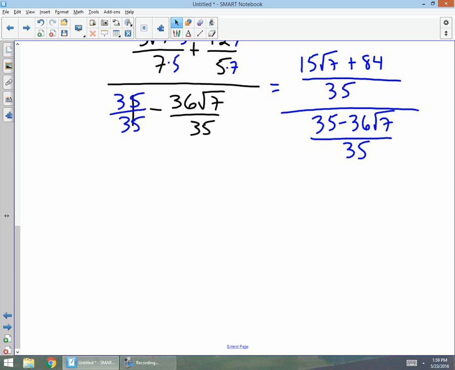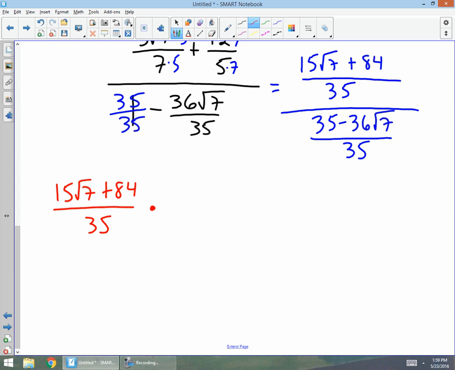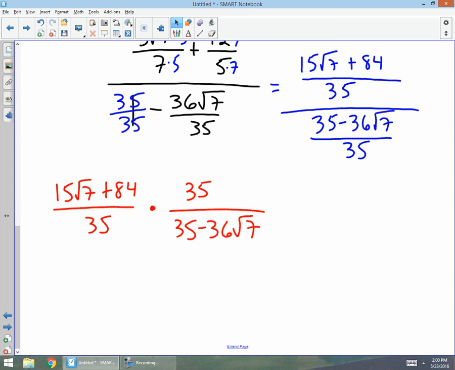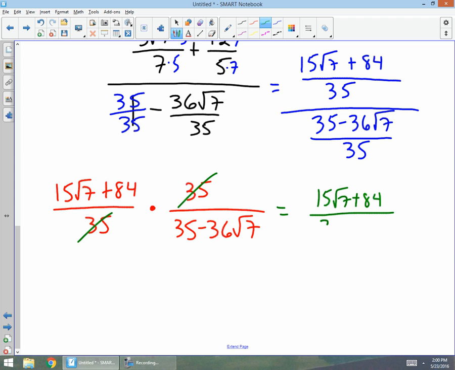Now, we're going to multiply by the reciprocal of the denominator, which gives us 15 square root of 7 plus 84 over 35, multiplied by 35 over 35 minus 36 square root of 7. And the 35s are going to reduce out, leaving behind 15 square root of 7 plus 84 over 35 minus 36 square root of 7.